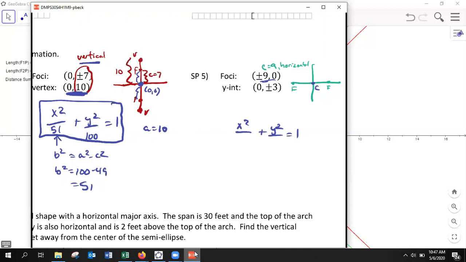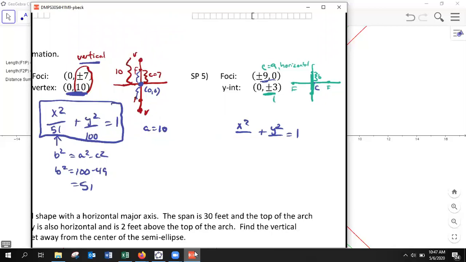Now I know my c value, and this time I know that my y-intercept is going to be plus or minus 3. So if my center is 0, 0, and my y-intercepts are plus or minus 3, this actually will give me my b value because this is my minor axis that goes through the center.